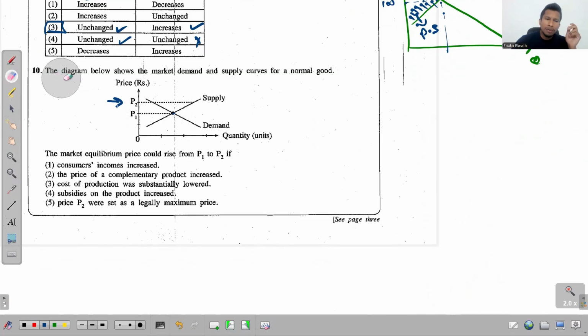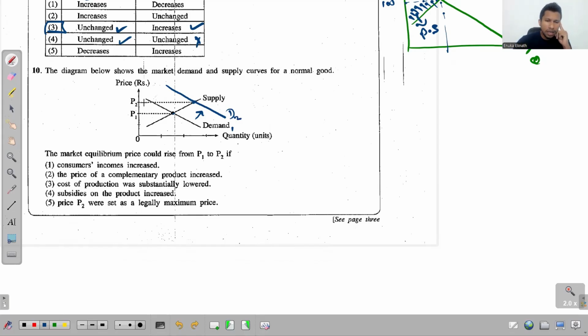If the equilibrium price changes from P1 to P2, I think most of you will first see that an increase in demand will do that. See, if this is the first demand curve and this is our second demand curve, when demand increases, the previous equilibrium price was at P1, but the new equilibrium price is at P2, right?